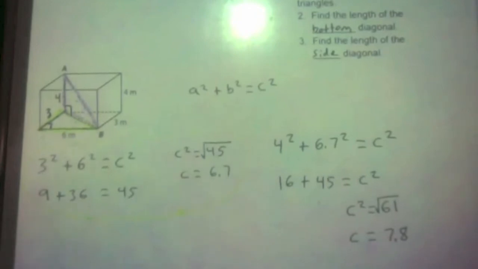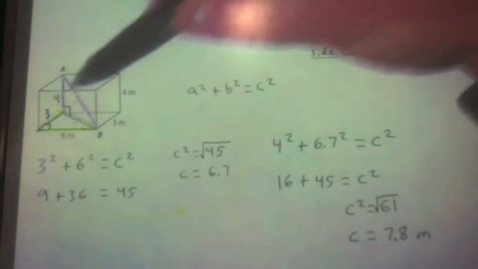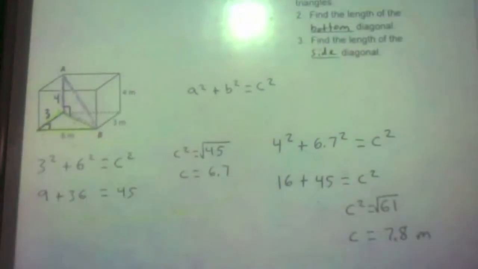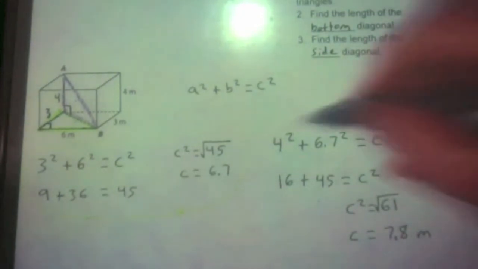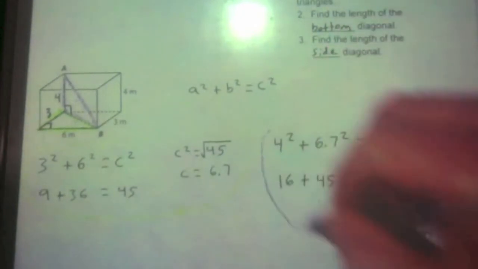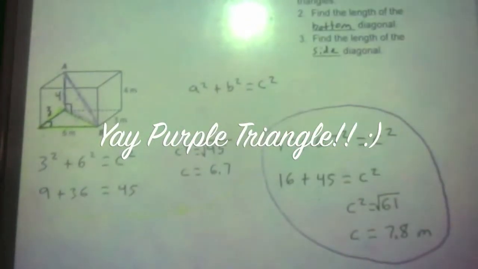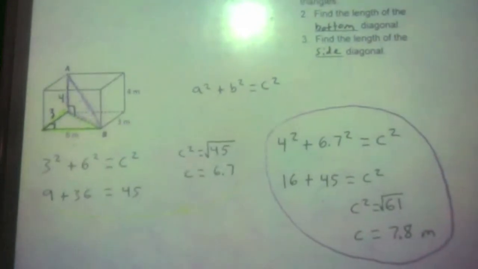That tells us the longest piece of copper tube that we could send in this box is 7.8 meters long, which is the length of the diagonal going from the top to the bottom of the box. That was our purple triangle, so I'm going to circle that in purple just because I have these colorful pens here, and they are nice to use. So that is my purple triangle.